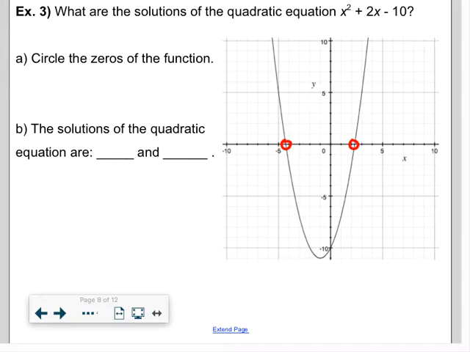If you happen to have a graphing calculator, your graphing calculator will actually do this for us. For those of you with a graphing calculator, you open a new document and it'll say add a graph. And you'll do x squared plus 2x minus 10.